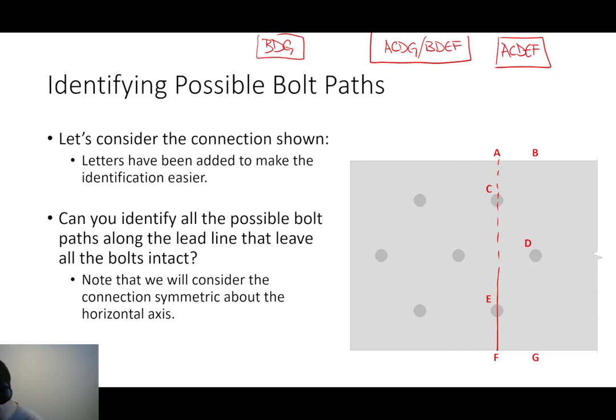Now, one final point of clarification: if we're looking at, let's say, this path right here, the path is A, C, D, G. You really would never have a path that looks like this. That path would never happen, because think about taking this plate and yanking it in tension. It's going to want to fail along the path of least resistance.